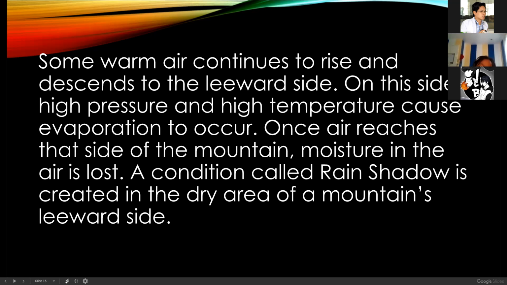Once air reaches the side of the mountain... Sir, how about fog, sir? Yes, fog is the condition wherein there is suspended water vapor in the atmosphere, in the environment. That's the fog. Because it's too cold, condensation is highly observable there. Water condenses there. That's one good example.